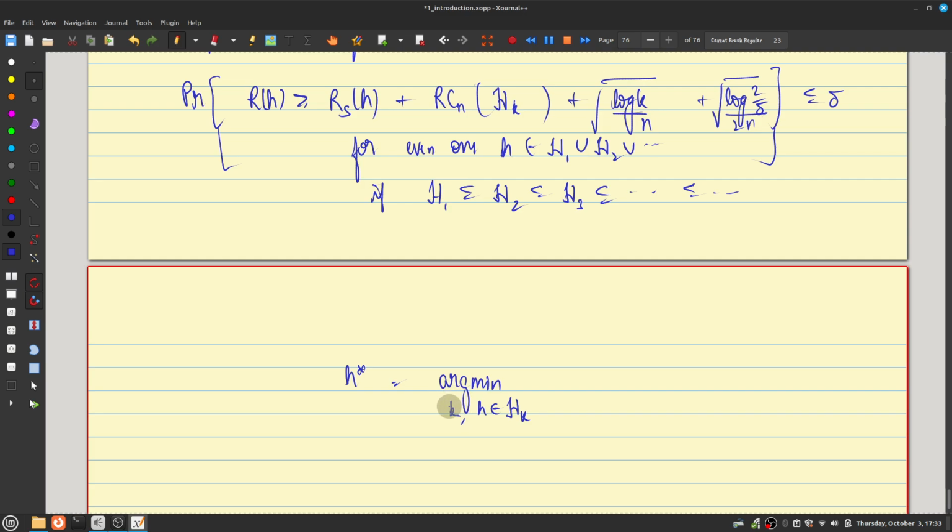So you're minimizing both over the complexity as well as the hypothesis within the hypothesis class with that particular complexity of the empirical risk plus the Rademacher complexity, because note that this depends on H_k, plus square root log k divided by m.